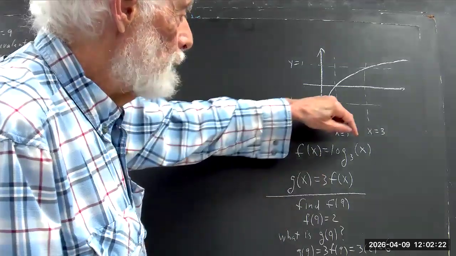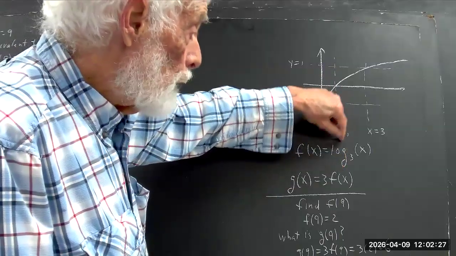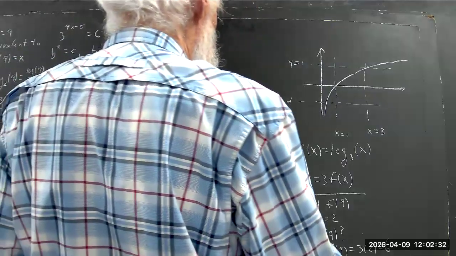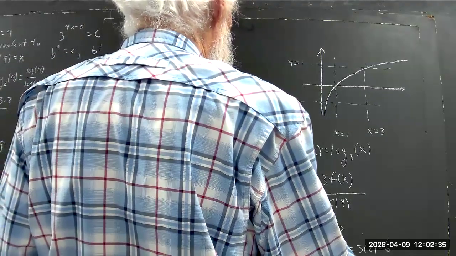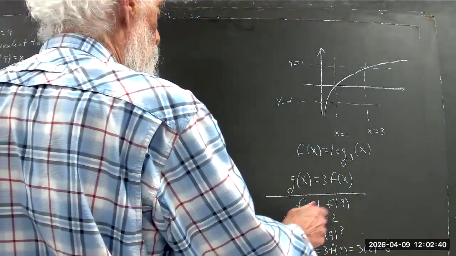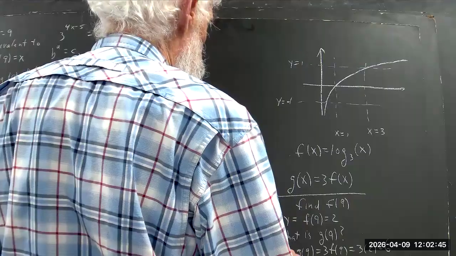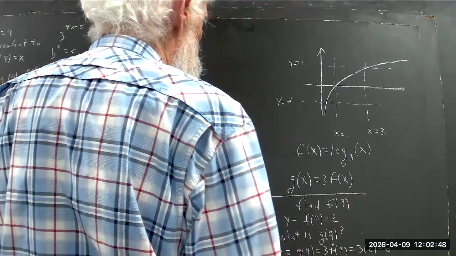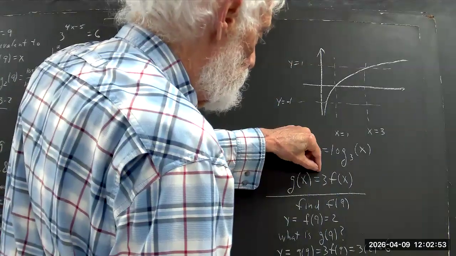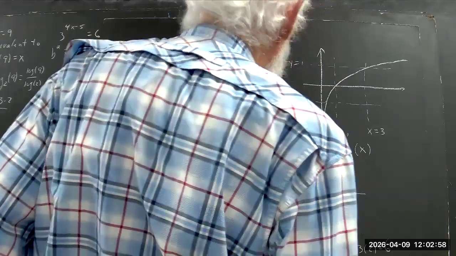No matter what the value of f of x is, the value of g of x is 3 times as great. So any y value you get for f of x, let's make sure we understand that this is a y value. Okay, find f of 9, you get y equals f of 9 equals 2. So y equals g of 9, which is 3 times f of 9, would be 6. 3 times as great.